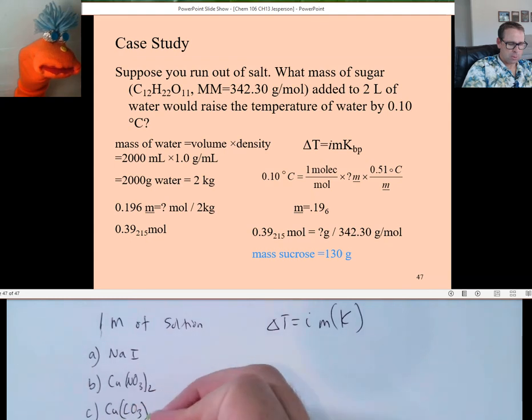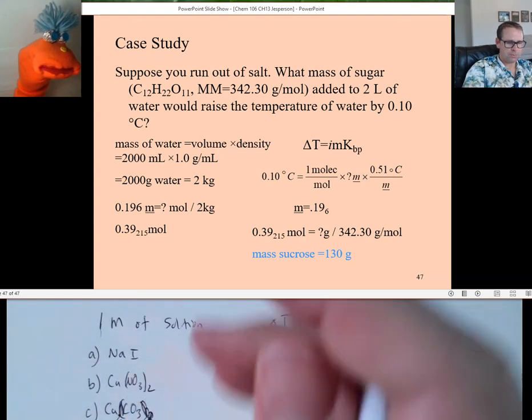Oops, not copper. Sorry, other way. Copper carbonate, Cu2CO3.